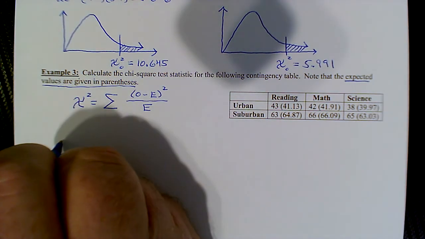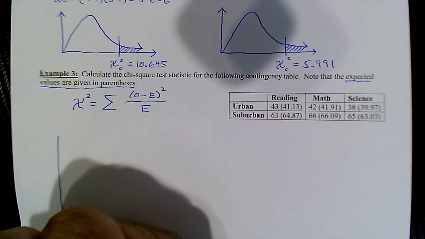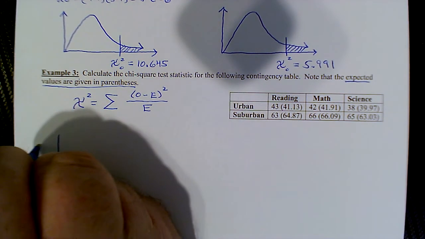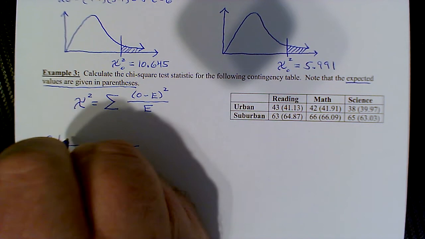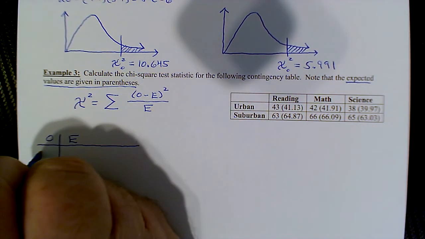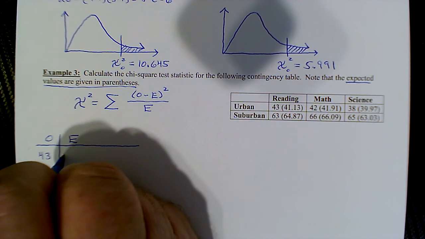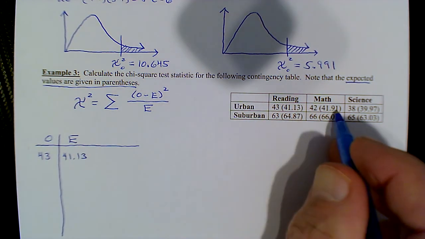So what I'm going to do is set up a table, and I'm going to build this formula. I'm going to have the observed and the expected in my table. So 43 and 41.13 for the first cell.